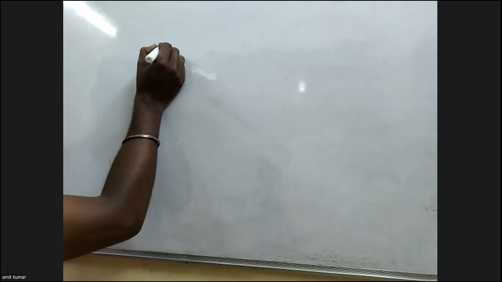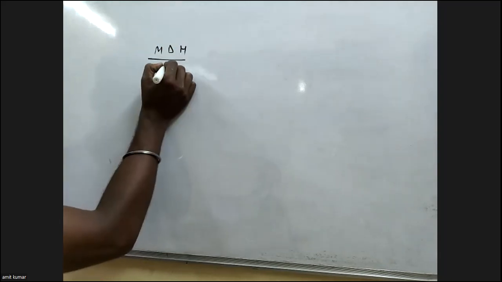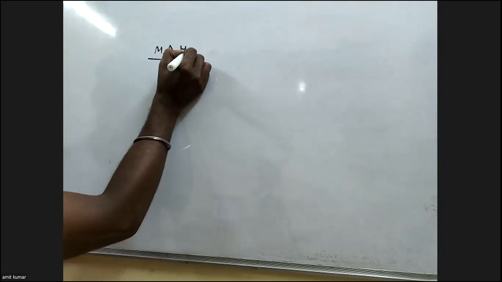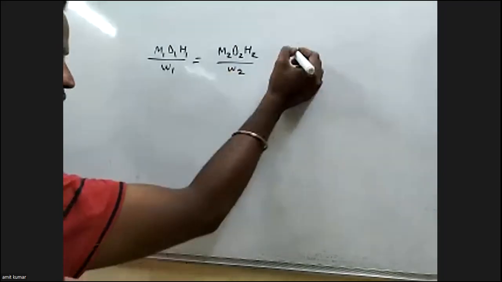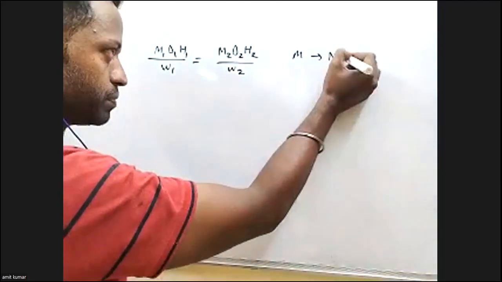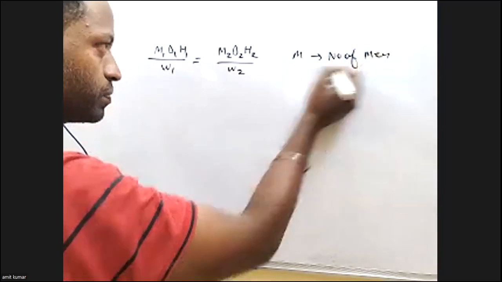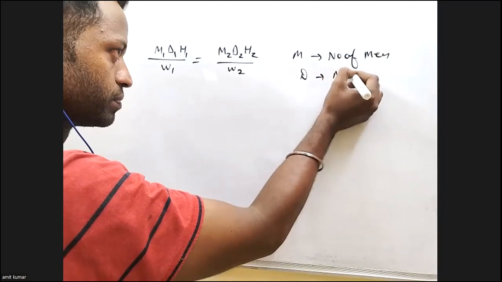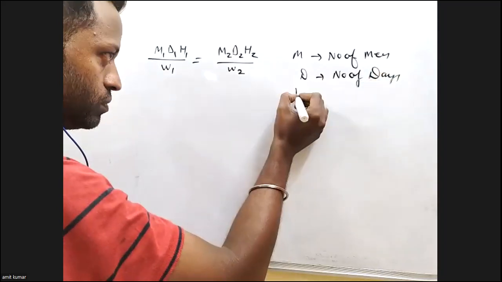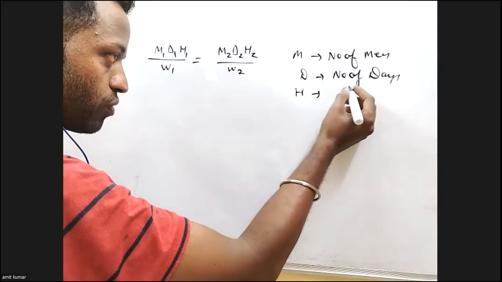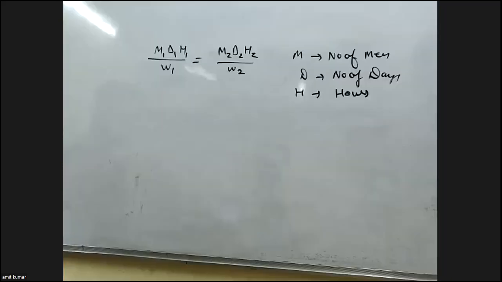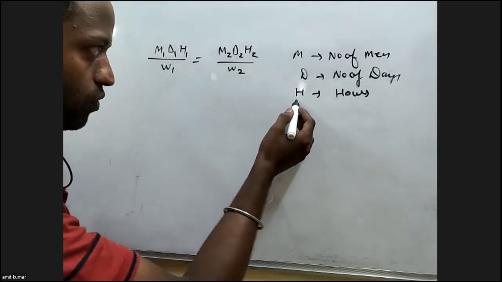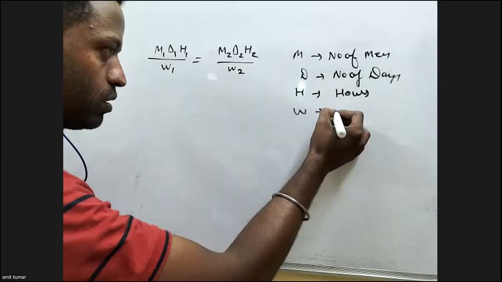If this type of question occurs, where m stands for number of men, d stands for number of days, h for number of hours if given, say working 8 hours per day, and W stands for work.